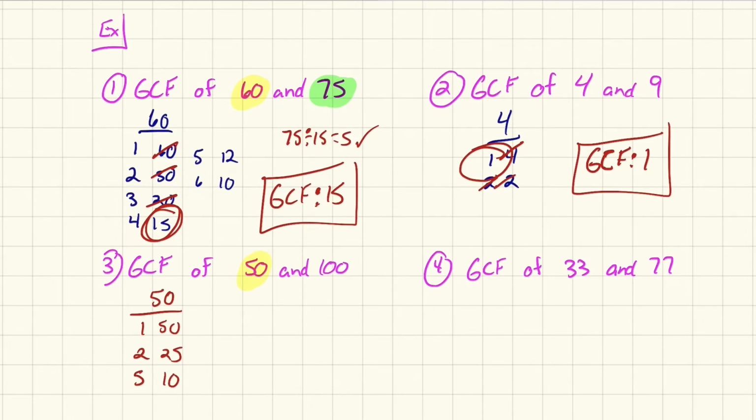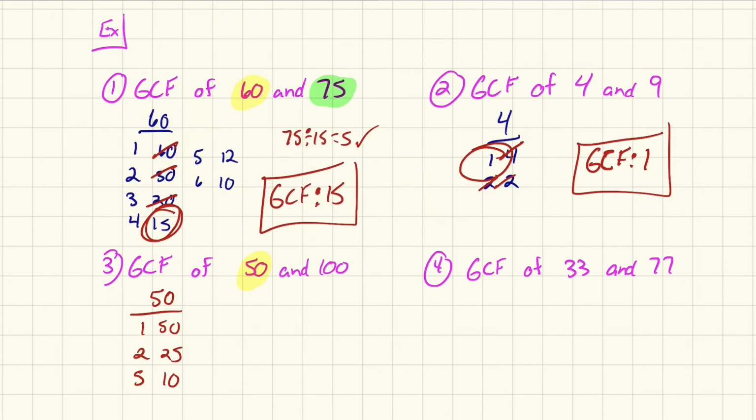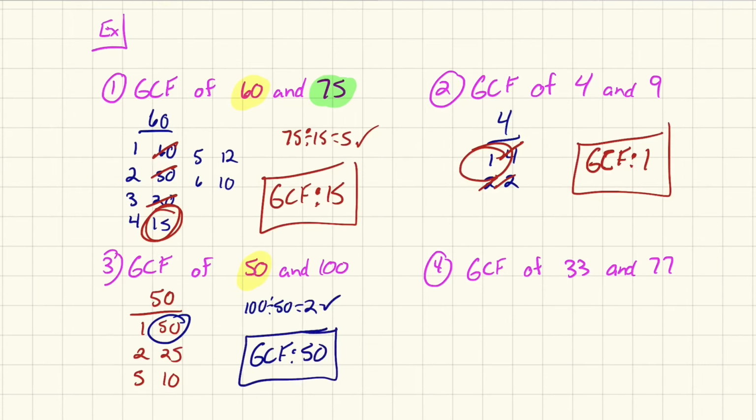All right, start with our largest number here. Can 50 go into 100? It absolutely can, right? 100 divided by 50 is 2. That checks out. So our greatest common factor of 50 and 100 is 50.